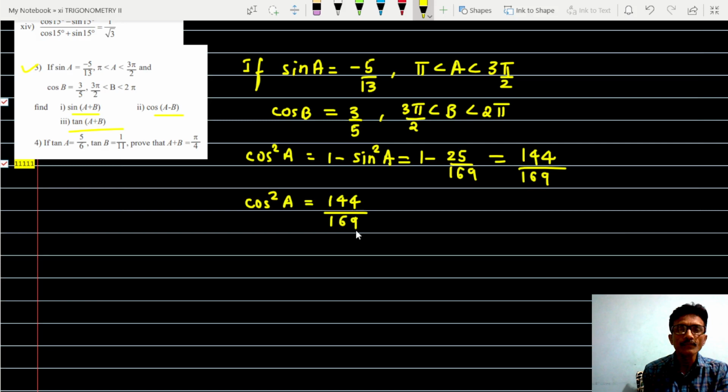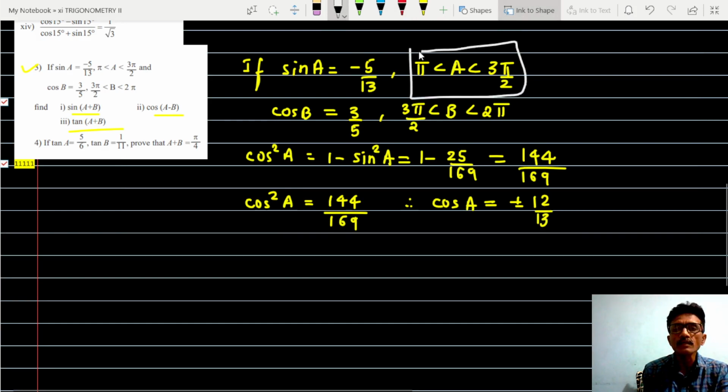Therefore cos of A is equal to plus or minus 12 upon 13. Now here our A lies in the third quadrant.